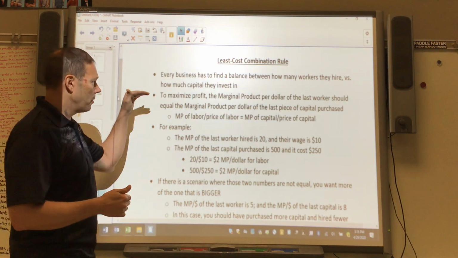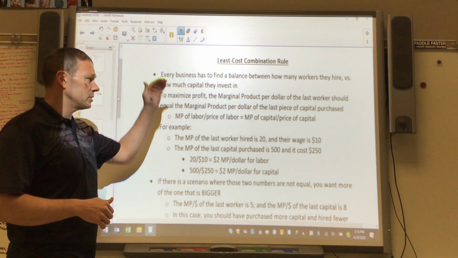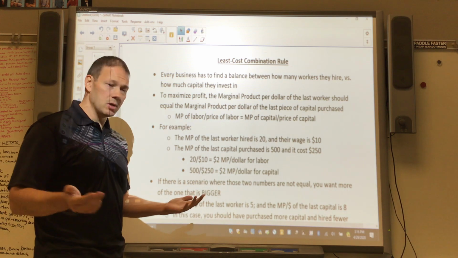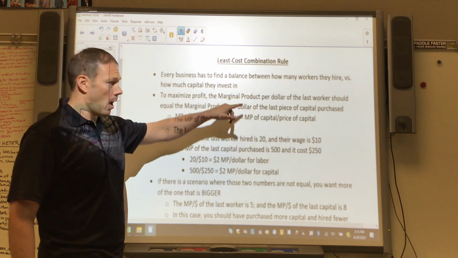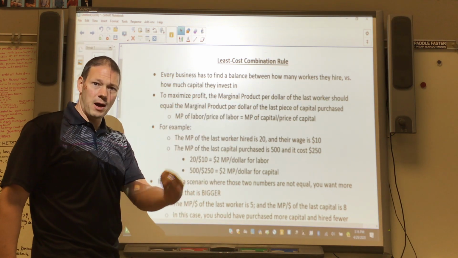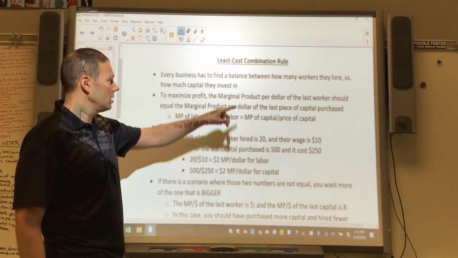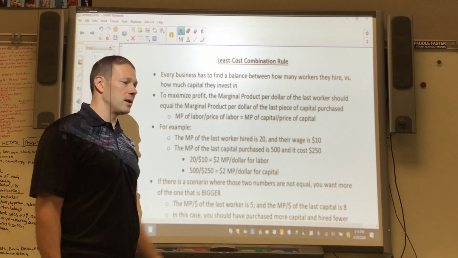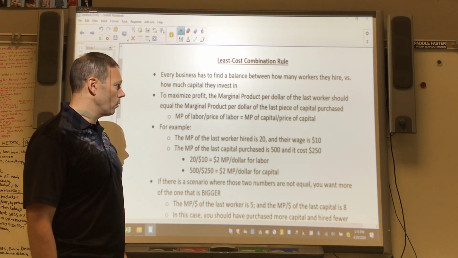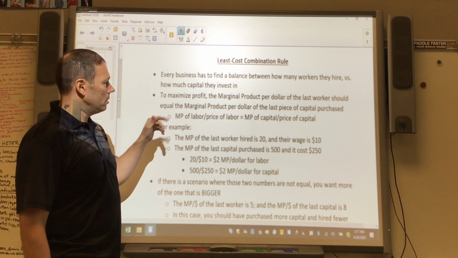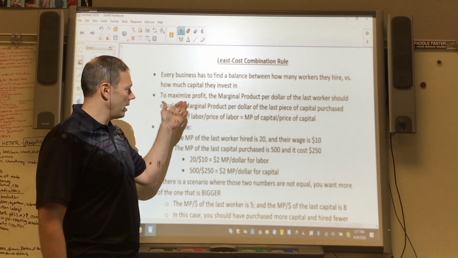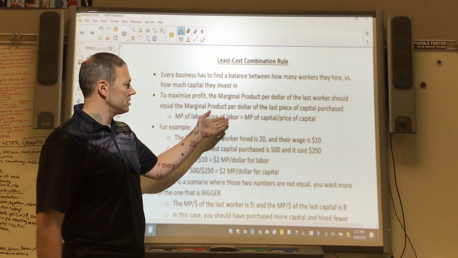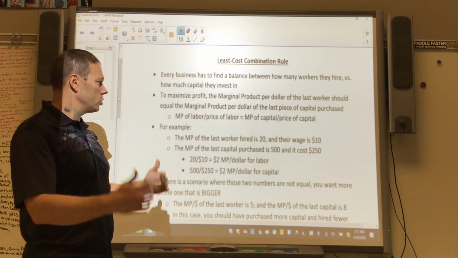And so the profit maximization rule here, or sometimes called least cost combination rule, is the same idea as marginal utility, and that is the marginal product, the additional amount of units the last worker produces, divided by the cost of the worker, should equal the marginal product per dollar, the number of units the last piece of capital adds to your business divided by the cost of the capital. Those two amounts should be equal.